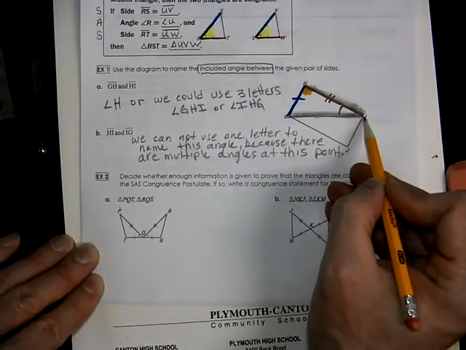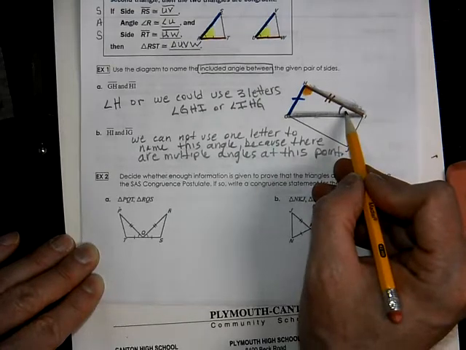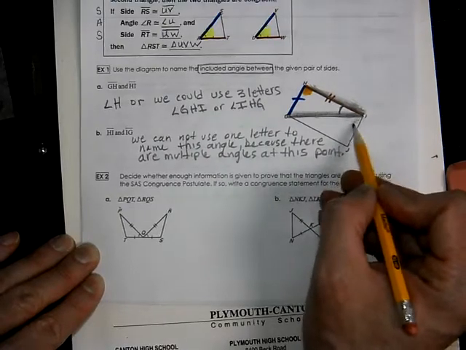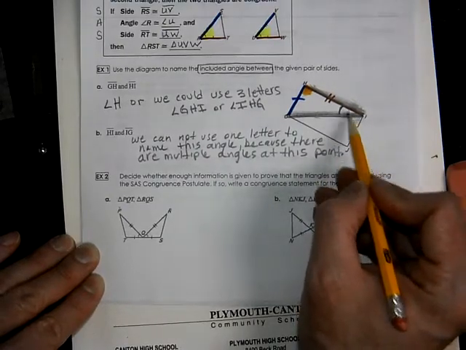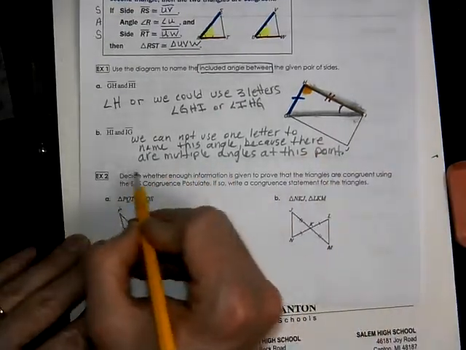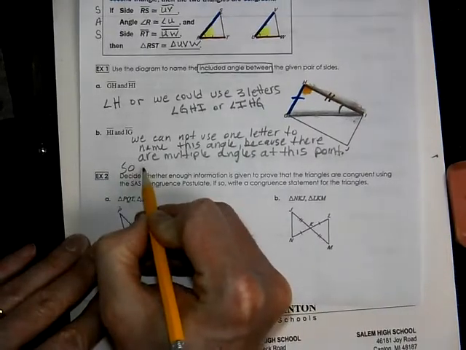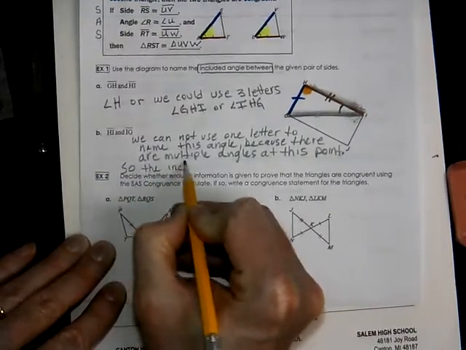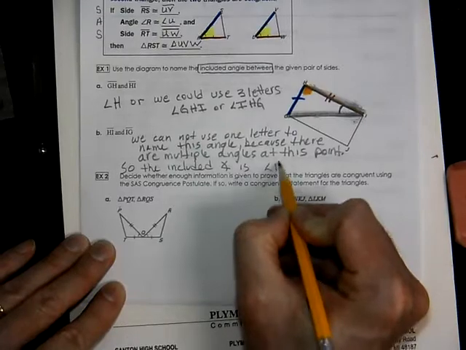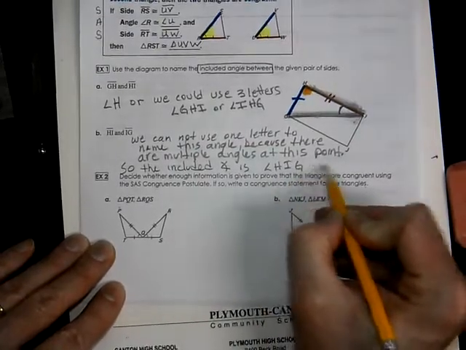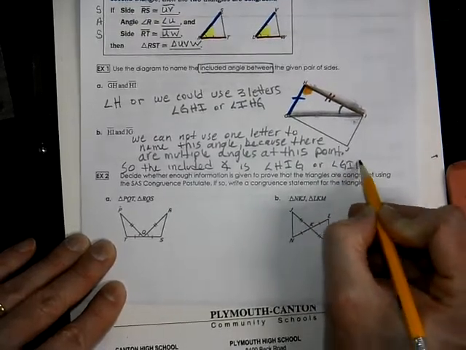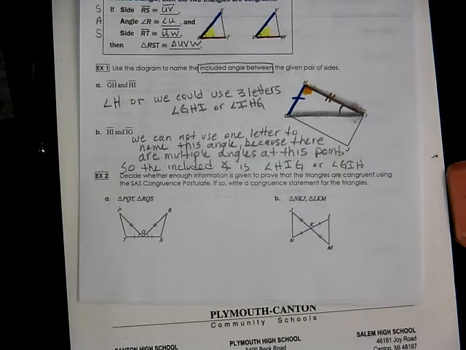There's multiple angles at point I. There's the angle we're talking about. There's the angle below it down here that is also considered part of I. And then there's the double angles put together. So if you say angle I, I don't know which one you're talking about. So the included angle is angle HIG. Or you could say angle GIH. You cannot use 1 letter.